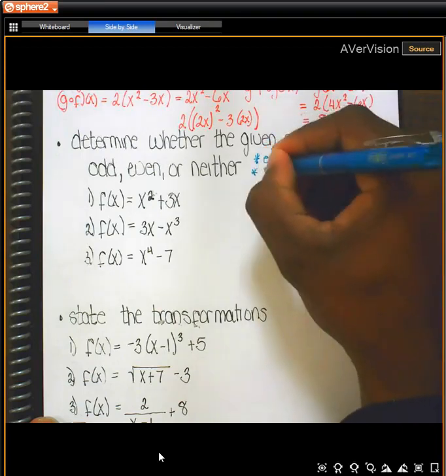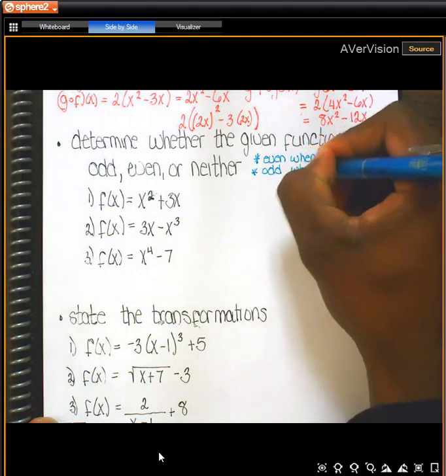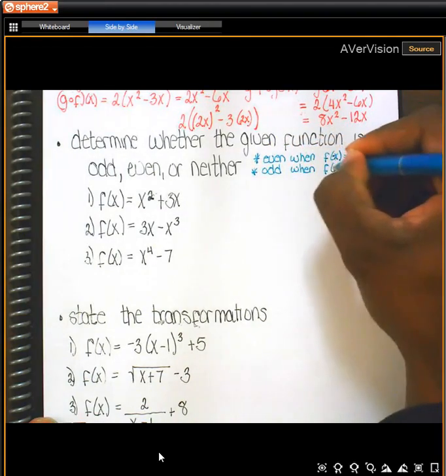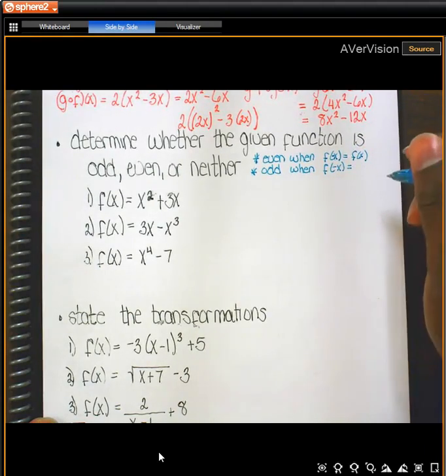And how do we know it's odd? When f of negative x is equal to what?